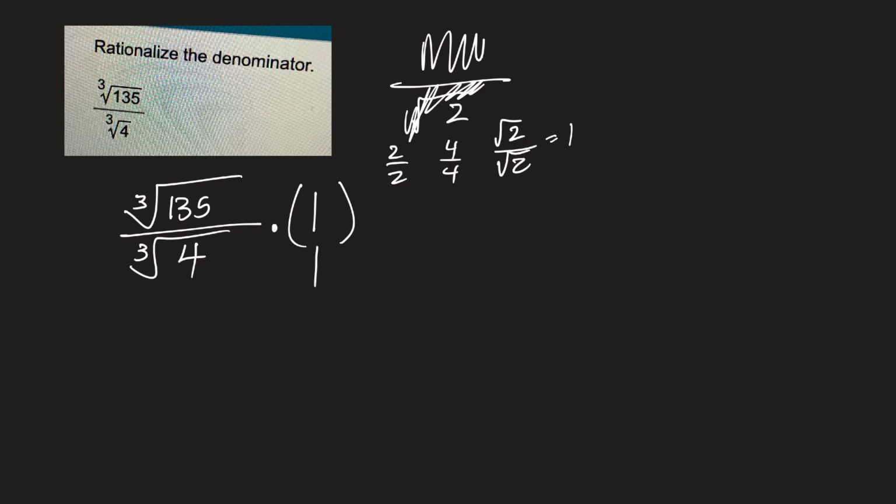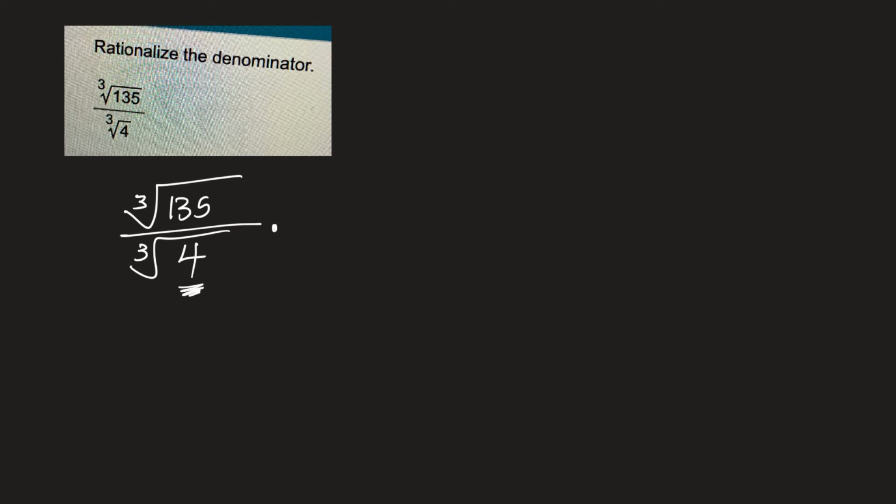But I have to pick something to go in there so that when I multiply it by this one, I get rid of the radical. So that's sort of the concept that we're doing. Okay, so now I got to figure out what number I need to use.